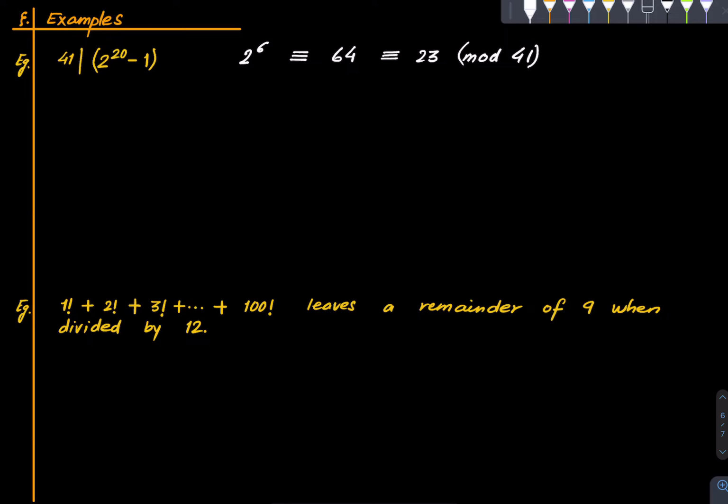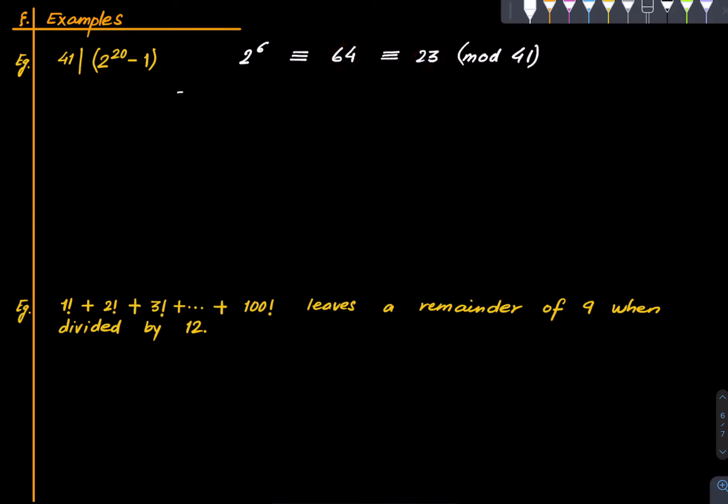Let me check. Yeah, this is correct. 64 is congruent to 23 modulo 41, because if you subtract 23 from 64, you get 41.